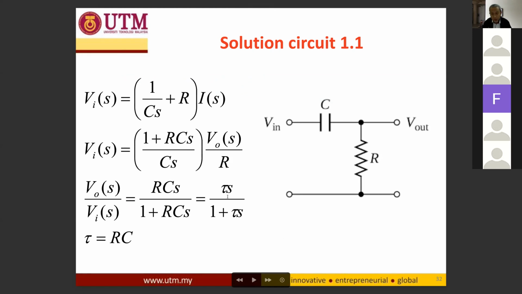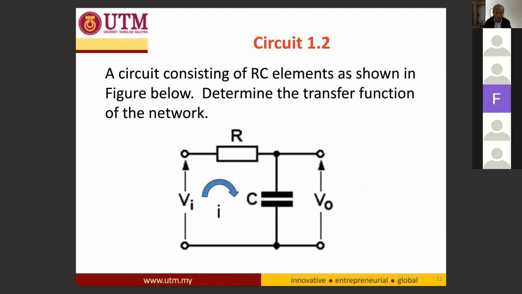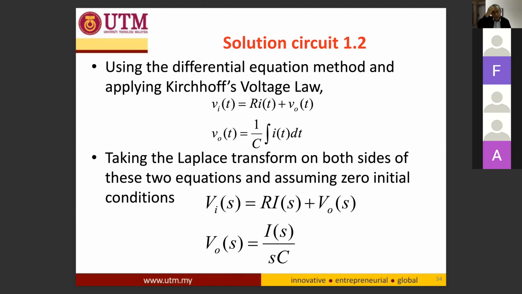Then we change the positions of R and C, so R becomes C and C becomes R, and we want to investigate whether it gives the same mathematical model. Again at loop 1, Kirchhoff voltage law: V in is equal to V R plus V naught, and V naught now is not resistance but capacitance, so V naught is 1 over C integration I dt.